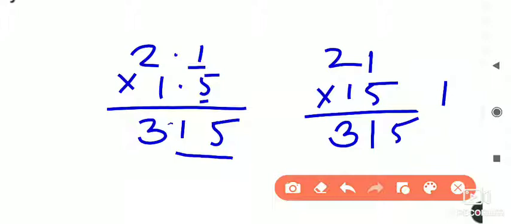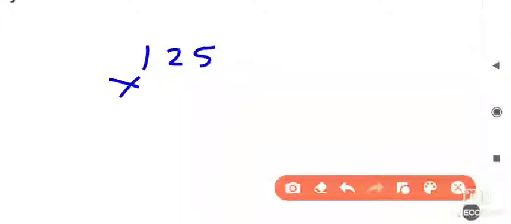In this way, if one more number came, suppose, what we have to do is the same thing. Suppose 125 into 1.2, with the point placed in the first number. Here also we have to do the same thing.